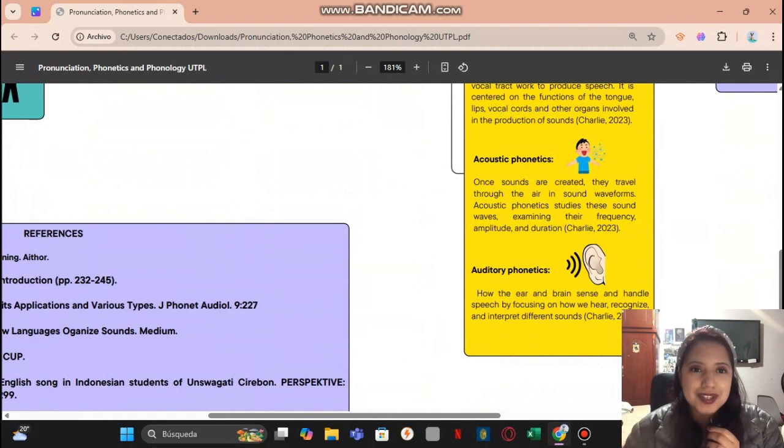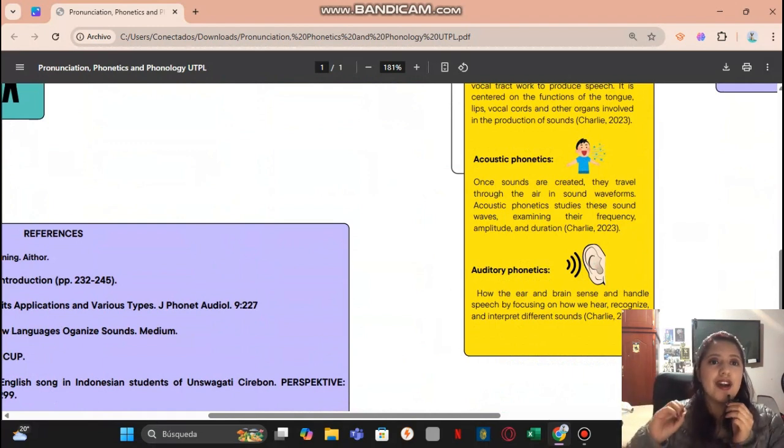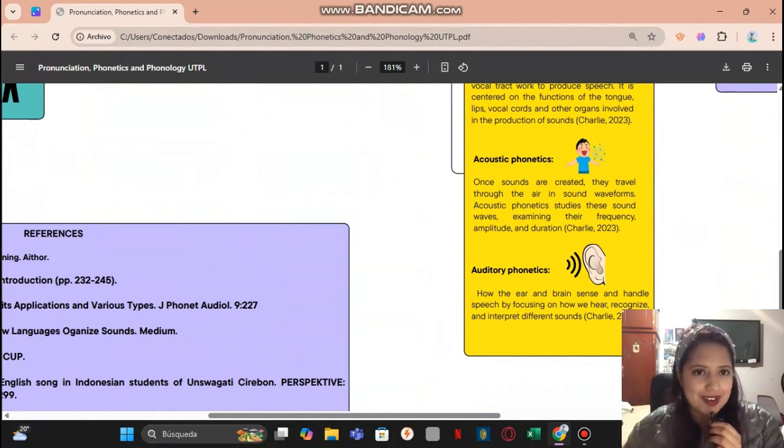What about acoustic phonetics? Well, acoustic phonetics is about when we produce those speech sounds. It examines how they are produced with the frequency or the sound waveforms through the air. And auditory phonetics studies how the ear and the brain sense and recognize those acoustic phonemes.